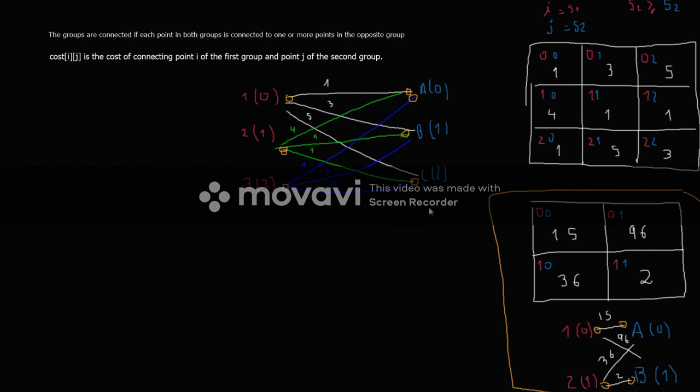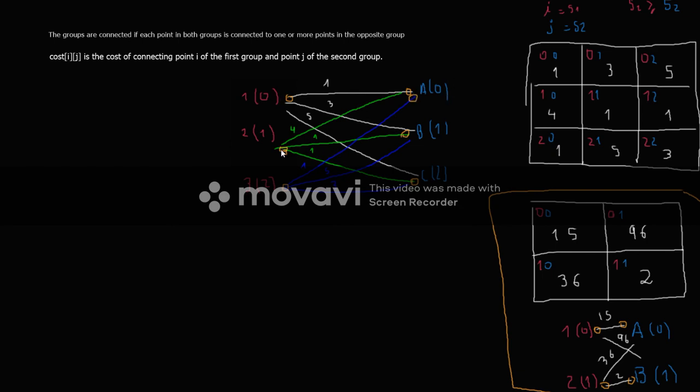So is there a better way of connecting these points that will give us a lower result? And the answer is yes, it is. So we can still connect 0 0, which is 1 and is the minimum, and we already connect 2 nodes.